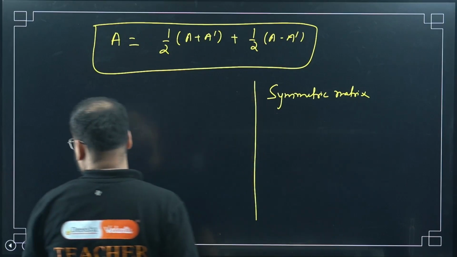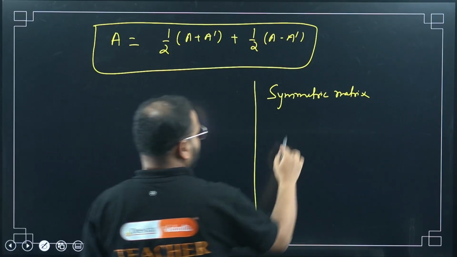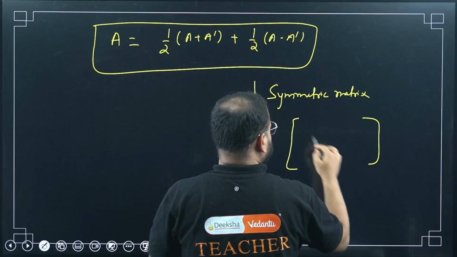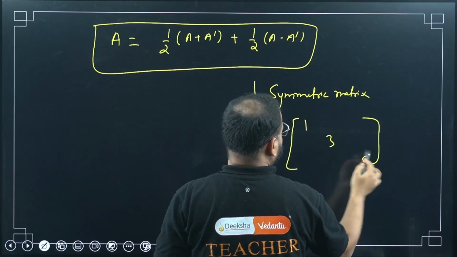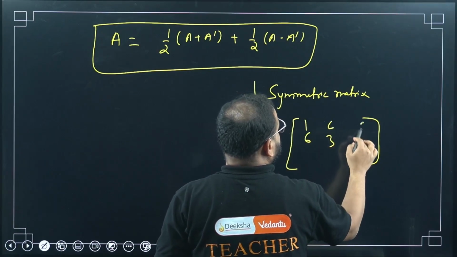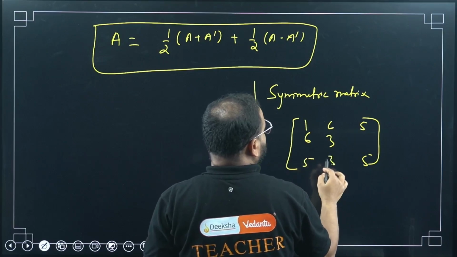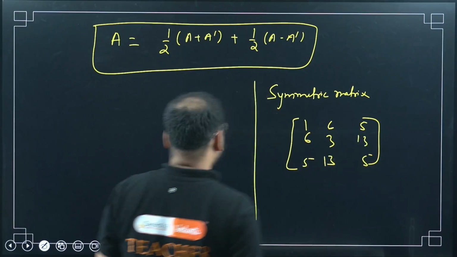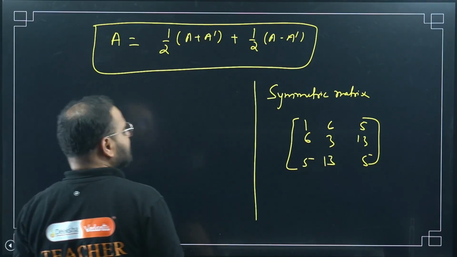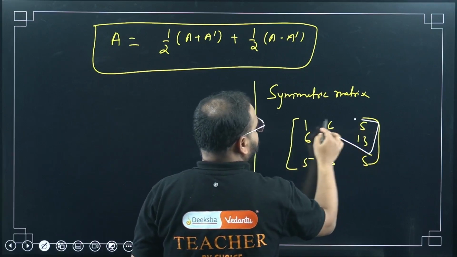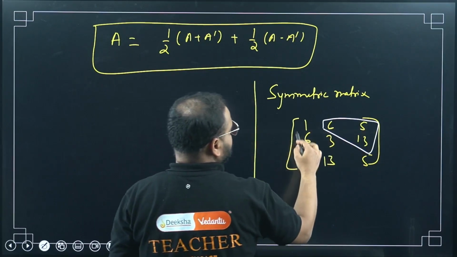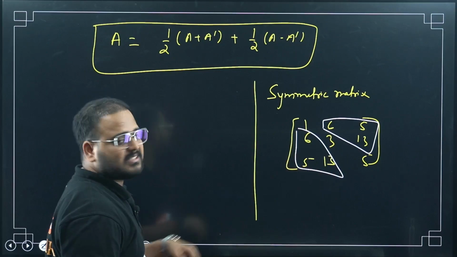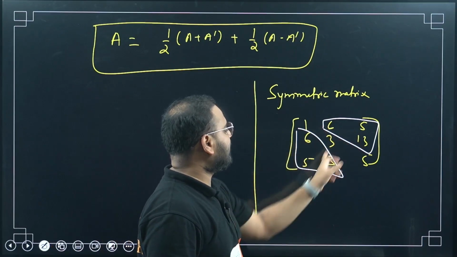Let me write the numbers only. Let's say I have 1, 3, 5. This is 6, then this is 6. This is 5, then this is 5. This is 13, then this is 13. It means the upper triangular part is the same as the lower triangular part. This is symmetric: 6 to 6, 5 to 5, 13 to 13.